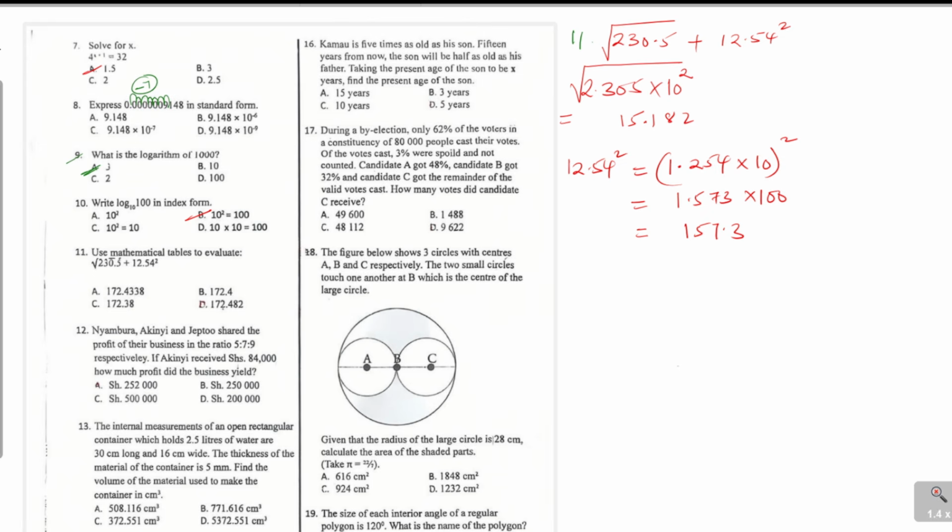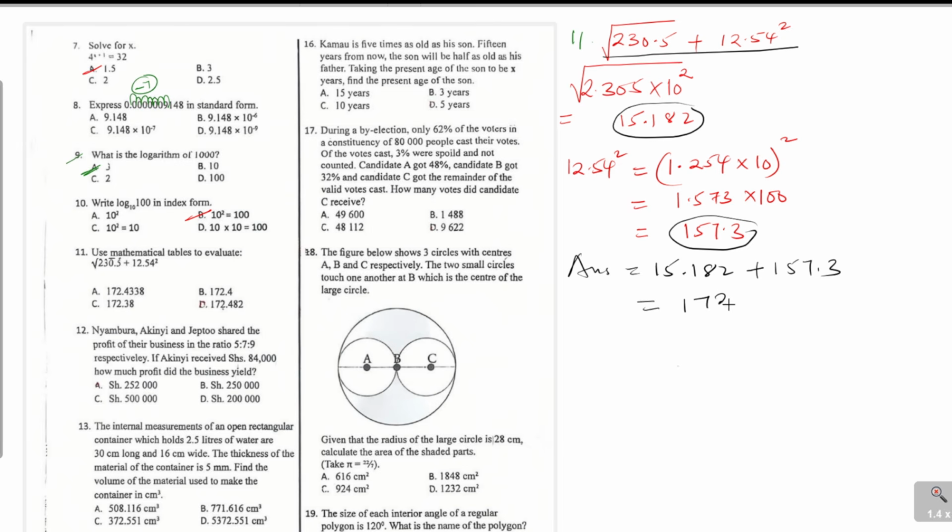So now you're supposed to add the 2. So you take this, get the answer, and you add the 2. So you take 15.182, because we are solving this, you're supposed to add now. So the square root of 230.5 was 15.182. Then the square of 12.54 is 157.3. So when you add that, you're supposed to get 172.482.